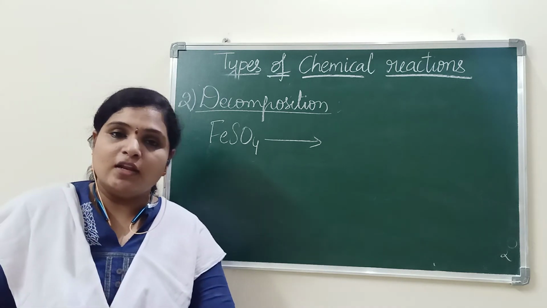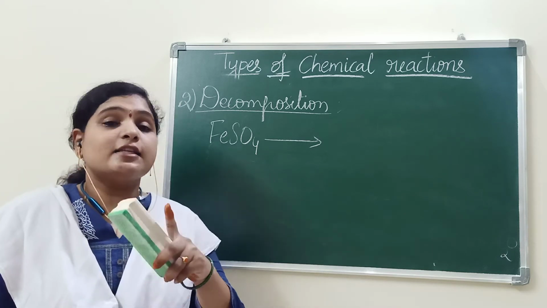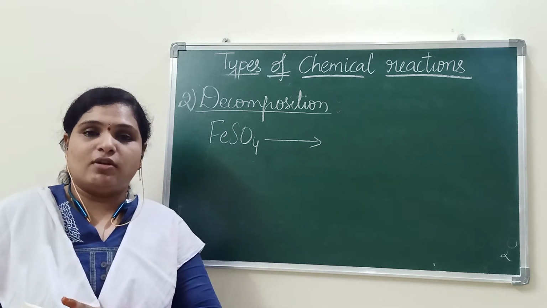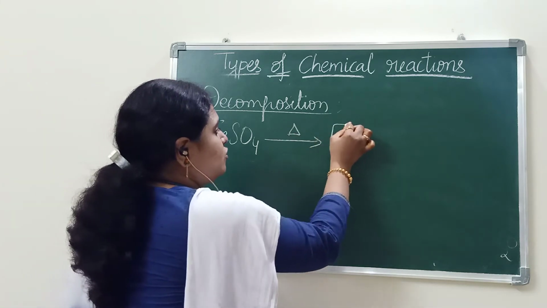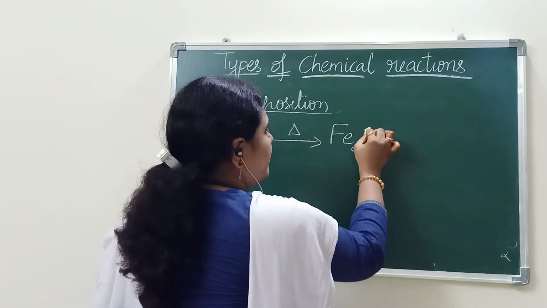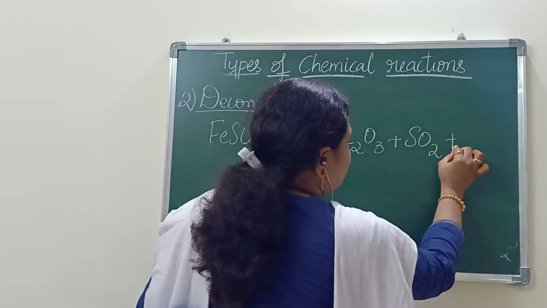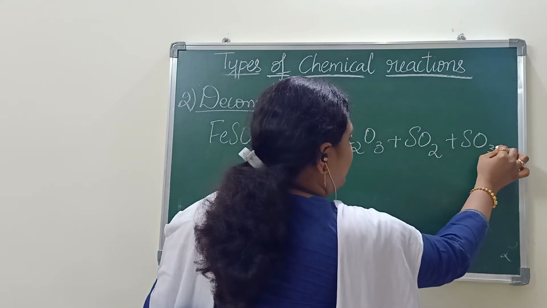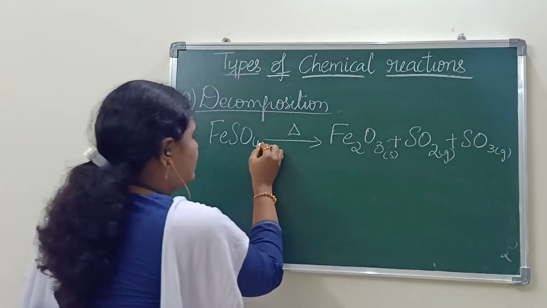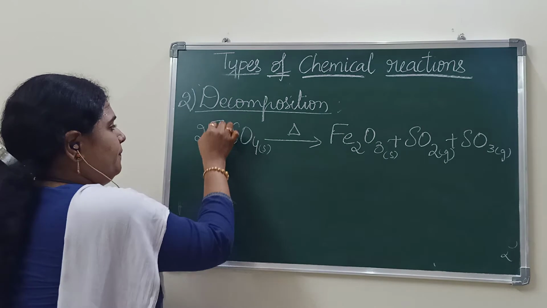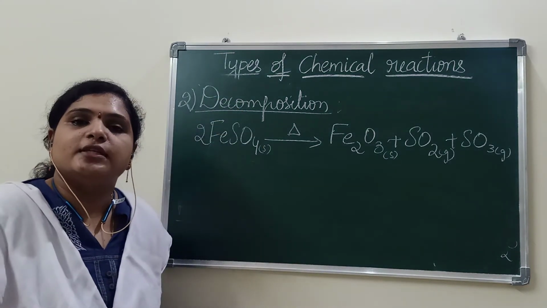Then, if we go on heating, the constituent parts will be formed: Fe2O3, ferric oxide, sulfur dioxide and sulfur trioxide. These two are gases, and the other is solid. This is the first example for decomposition reaction.